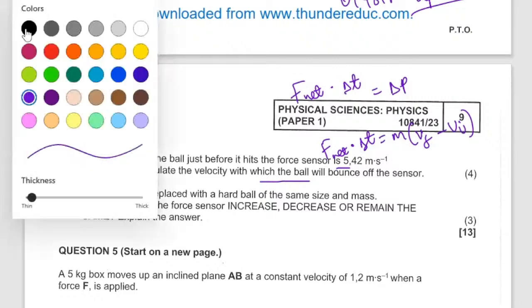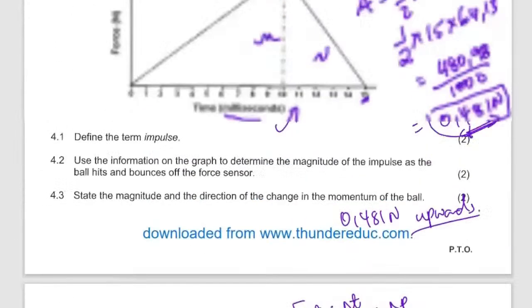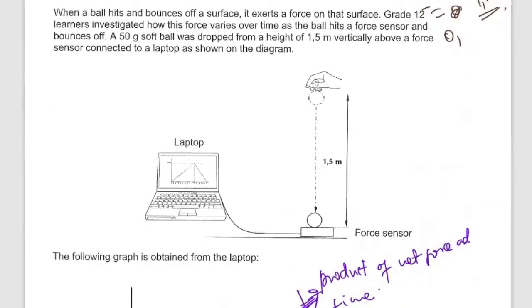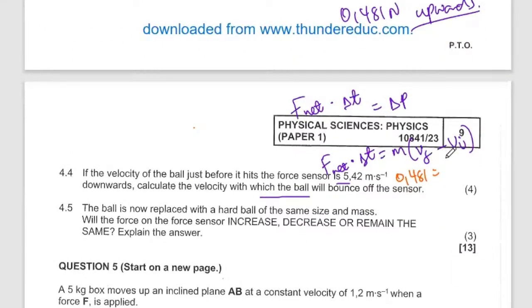So we know that F net times delta t will give us that 0.481, which is the impulse. Okay, so we shall say 0.481 is equal to the mass, it's 50 grams. So convert the grams to kilograms, that's going to be 0.05 kilograms, divided by 1,000. The final minus the initial, which is 5.14.